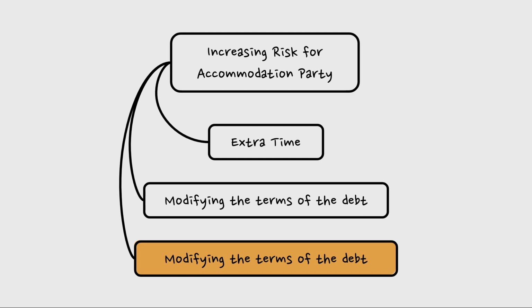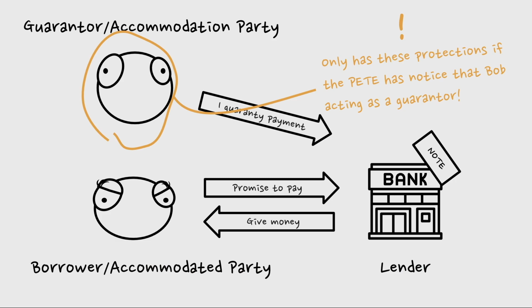Because that decreases the value of what the collateral would be worth, and that thus increases the risk for the accommodation party. And so the same thing you would want to say is the way that they've treated this collateral, or if they've given it up altogether, then any of those things impairing the collateral in that way would increase the risk for the accommodation party.